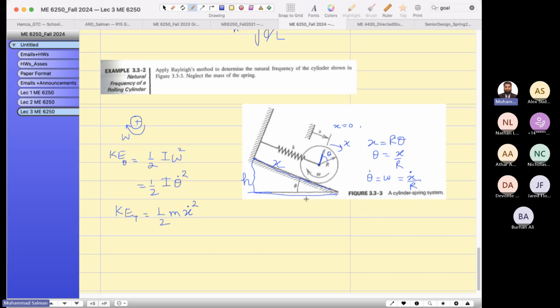So what is h over x in a right angle triangle? This is opposite over hypotenuse equal to sine phi, or h equals, if you just simplify this, x sine phi.